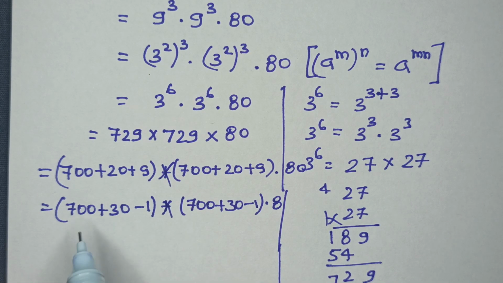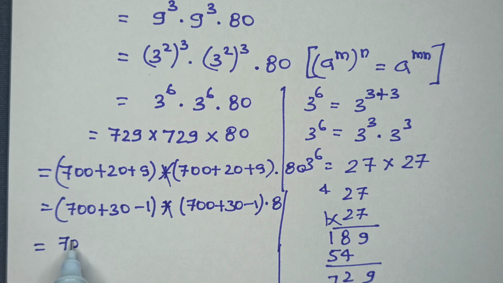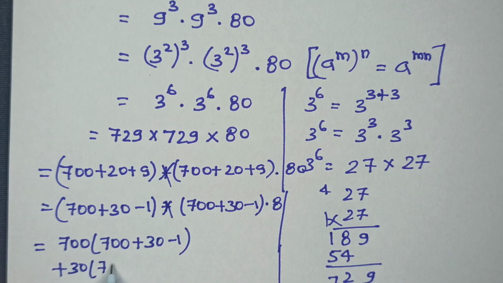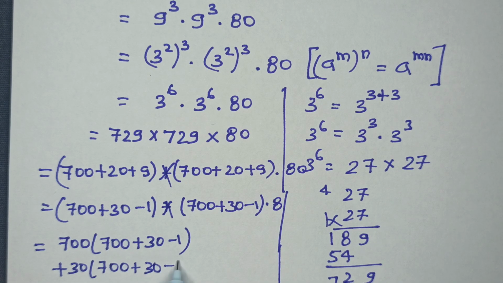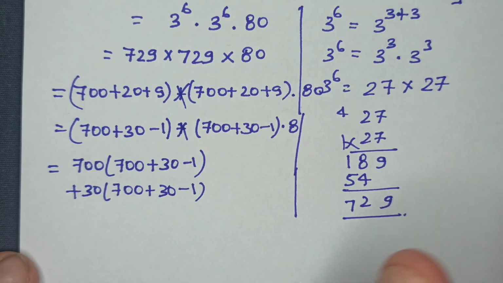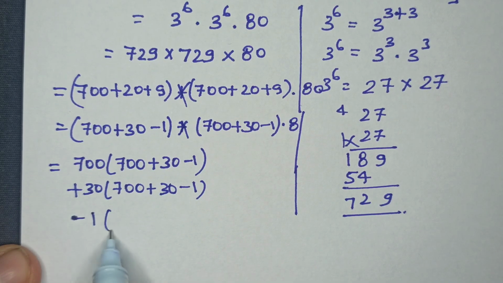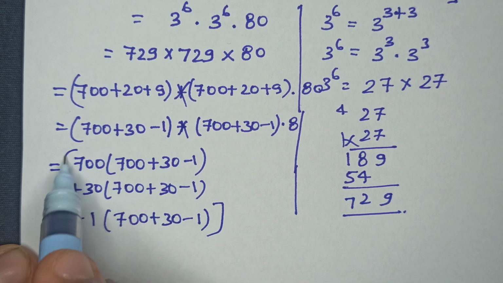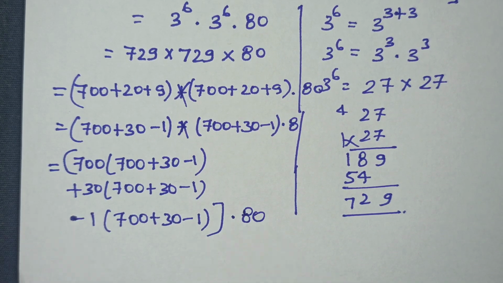And if you carefully notice, we can now use the distributive property. The 700 multiplied by 700 plus 30 minus 1, plus 30 multiplied by 700 plus 30 minus 1, minus 1 multiplied by 700 plus 30 minus 1, and this entire bracket is then multiplied by 80.